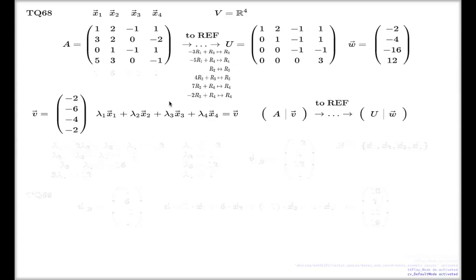So when I solve for these unknowns, lambda 1, lambda 2, lambda 3, lambda 4, I have to solve this system instead.